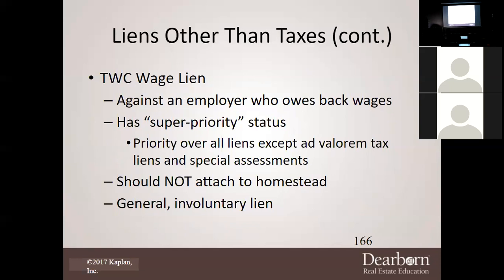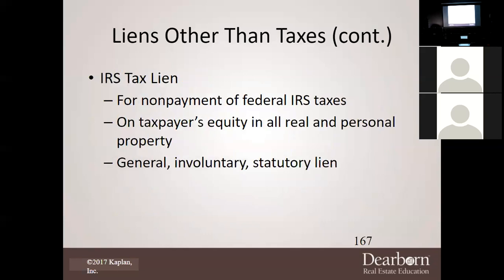They should not attach to homestead, and again, these are general involuntary liens. There is the IRS tax lien, which is for non-payment of federal IRS taxes. It's on the taxpayer's equity in all real and personal property, and it's a general involuntary statutory lien.